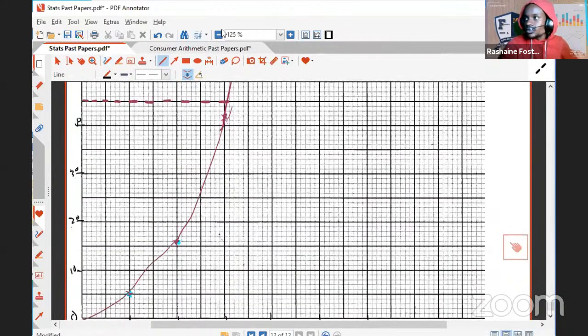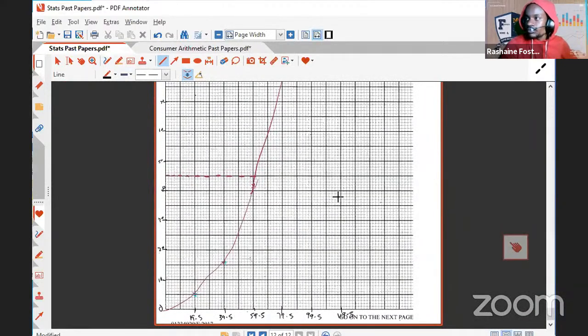Then you do the same thing. When you draw the horizontal line across to meet your curve, wherever it touches the curve, you then draw a vertical line down.